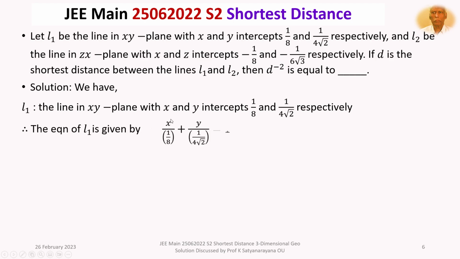That is x by 1 by 8 plus y by 1 by 4 root 2 is equal to 1, z is equal to 0 because it is in the xy plane. So clearing the denominators, you will get 8x plus 4 root 2 y is equal to 1 with z is equal to 0.